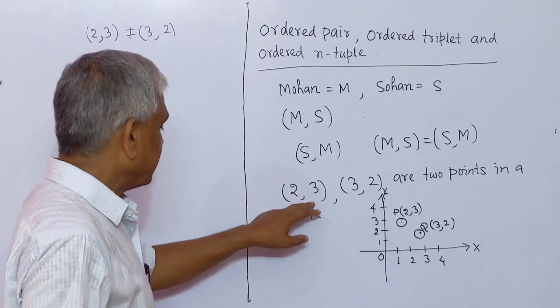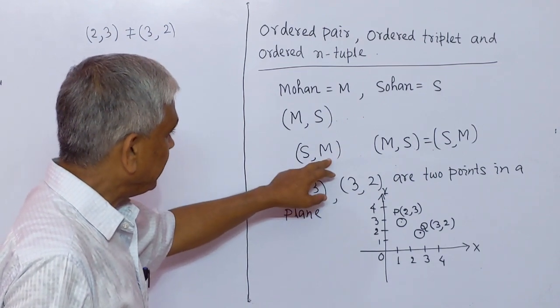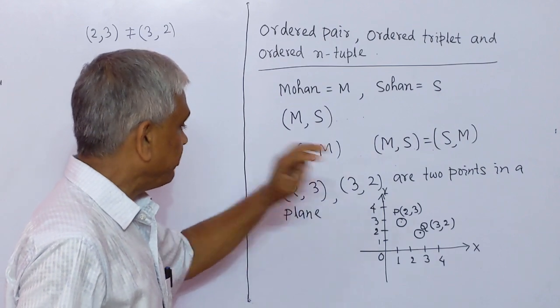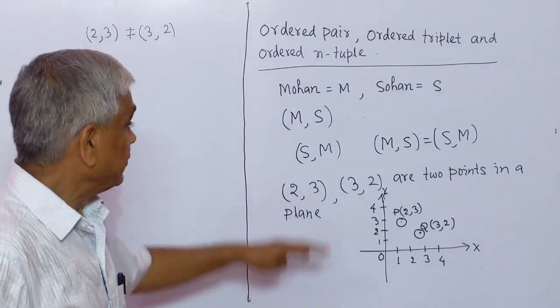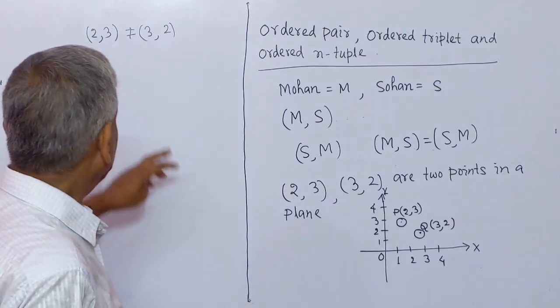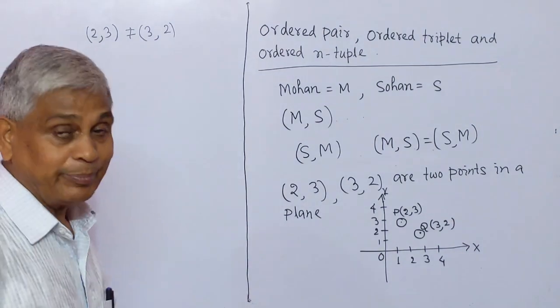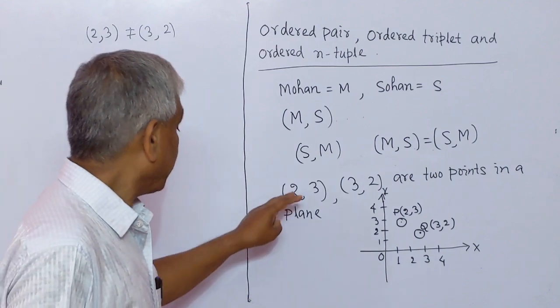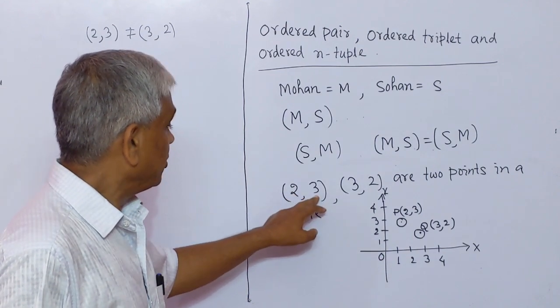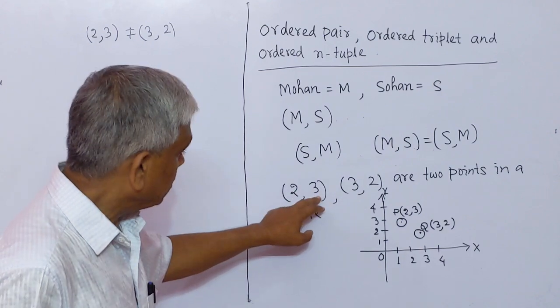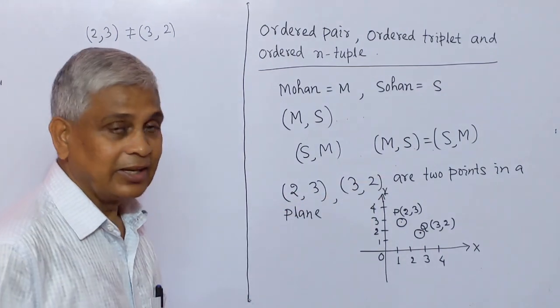These are pairs. Here also these are pairs. And here also these are pairs. These pairs are the same, but these pairs are not the same. Here only the order of numbers is changed. Here 3 after 2, here 2 after 3.